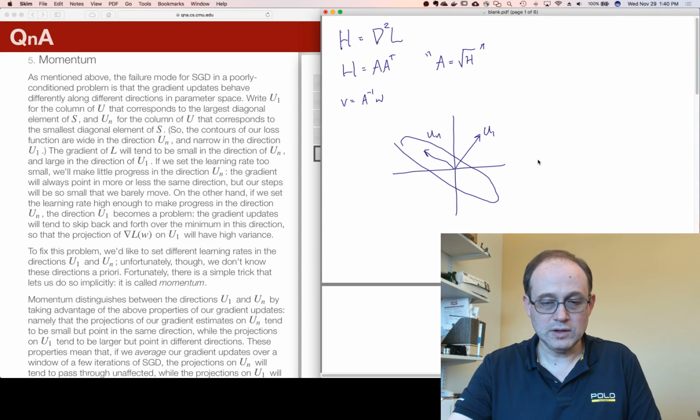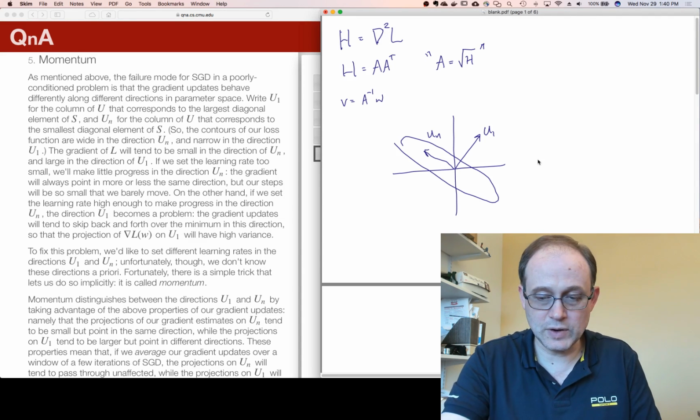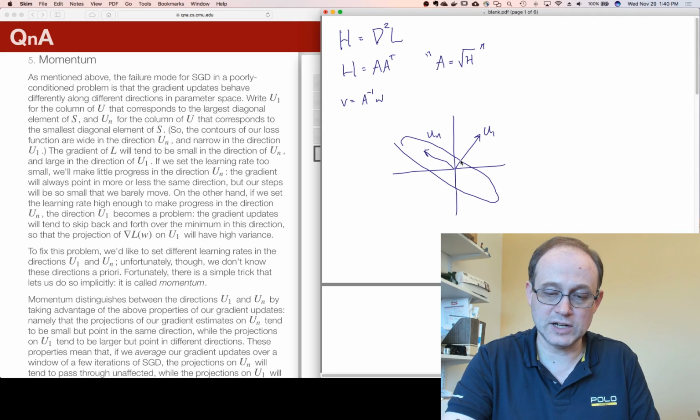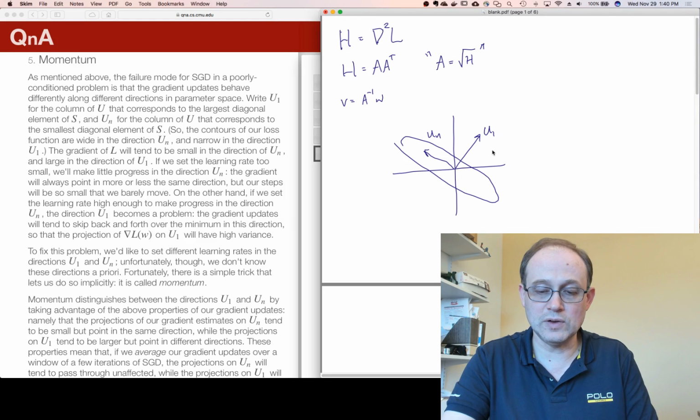The gradient of our loss function is going to tend to be small if you project it onto this direction, and large if you project it onto this direction. So if you set a learning rate, you'll tend to take giant steps in this direction and tiny steps in that direction.